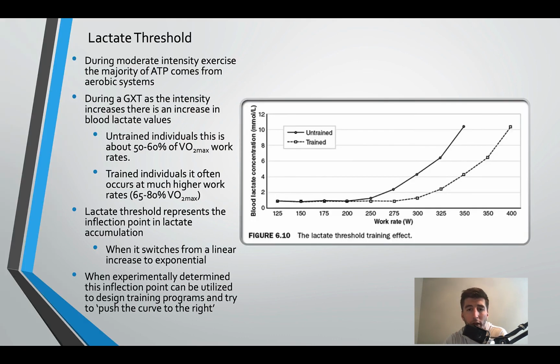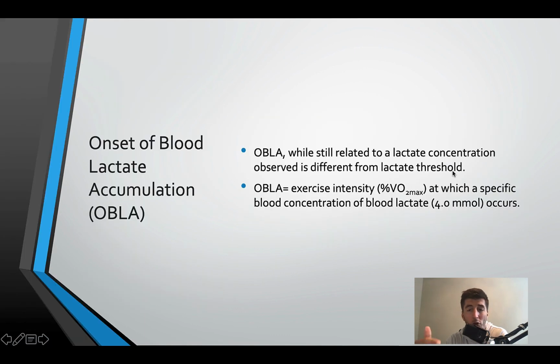So OBLA, or 4 millimolar, is occurring just before 300 watts for the untrained individual, and at about 350 watts for the trained individual. OBLA is the point at which, when you measure the blood, there's 4 millimolar concentration of lactate inside of the blood.